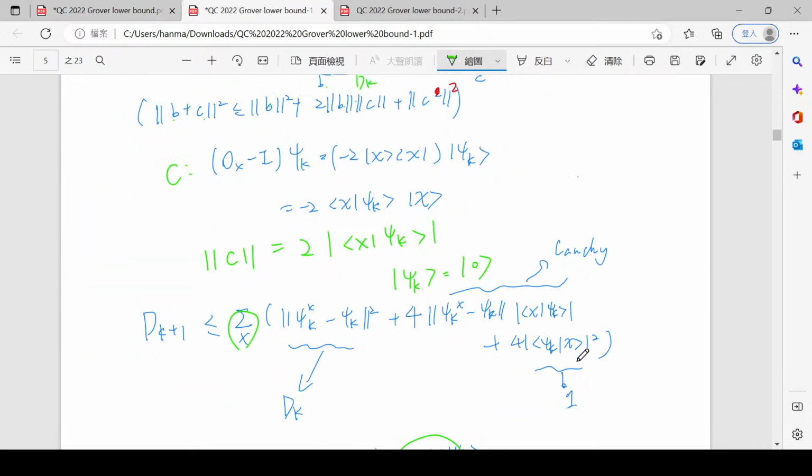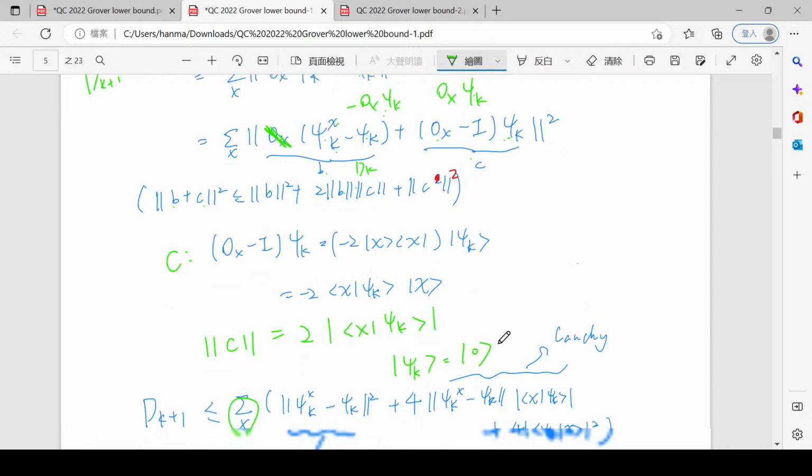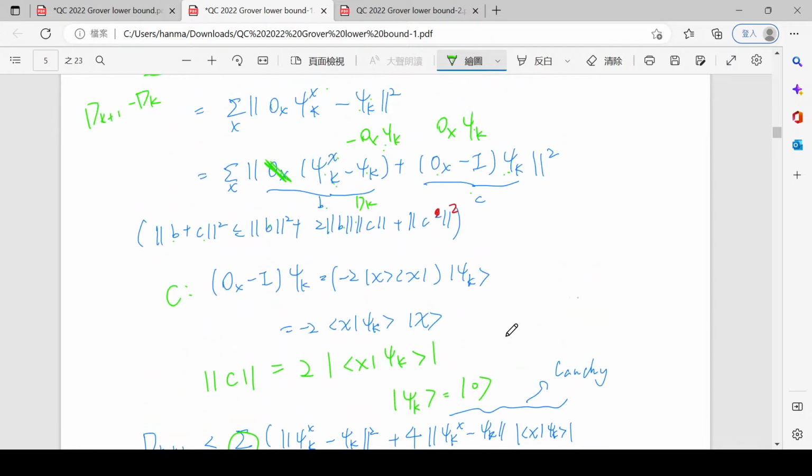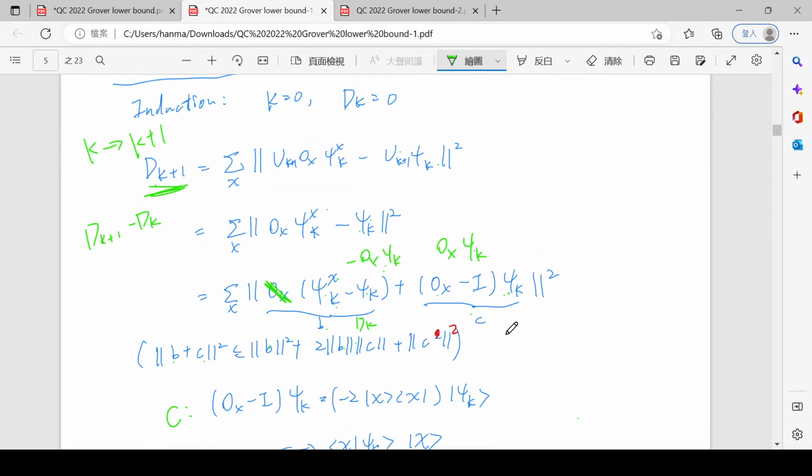I think you should be able to see that here. If your psi k is 0, then you are going to be able to get something from this O0, right? This OX minus I.